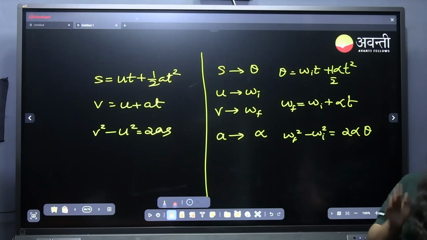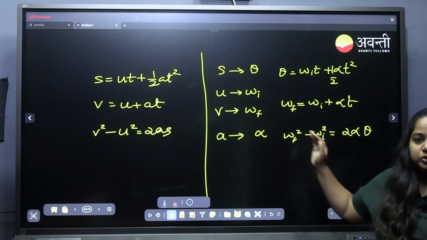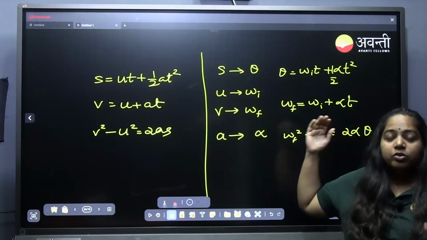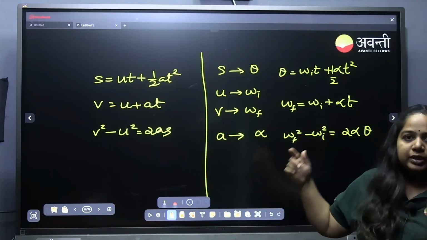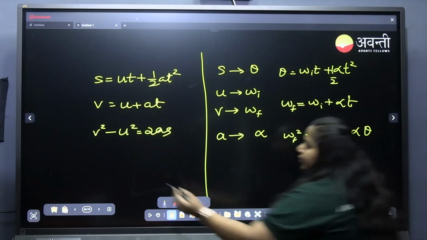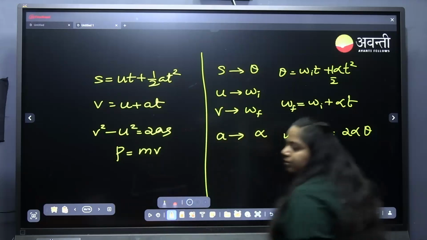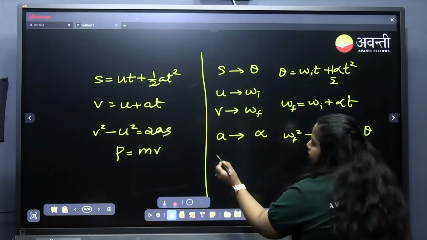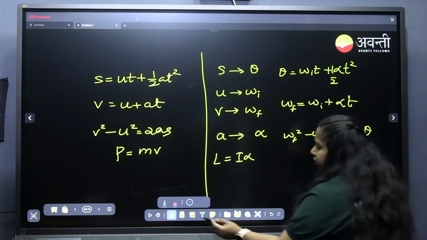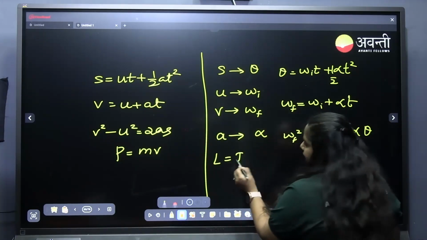Okay, so our circular motion has the same equations of motion as linear motion, the only thing is that we will take the circular analog to it. Everything will be angular instead of linear. And similarly we have linear momentum, that is equal to m into v. If you come here, angular momentum is there, that is I omega.